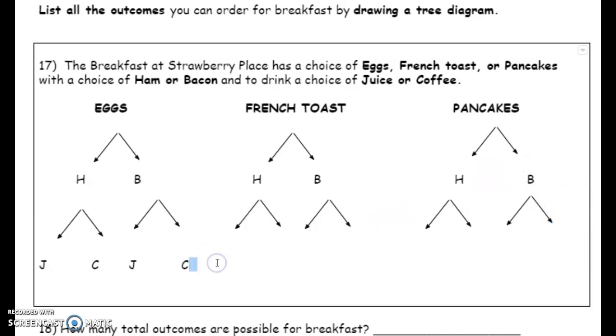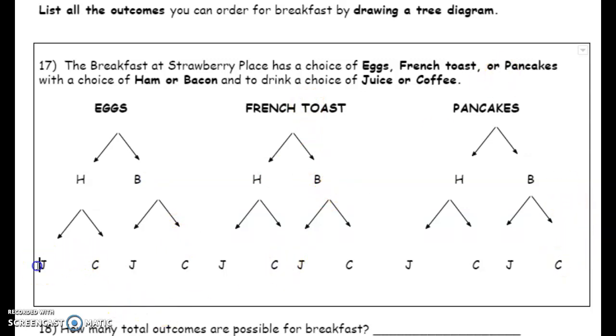And then I need juice, coffee, juice. So 2 drink choices for each of these combinations. Coffee, juice, and coffee. There we go. So this is our tree diagram. I want eggs with ham and juice, or eggs with bacon and coffee, or French toast with bacon and juice, or pancake with bacon and coffee.